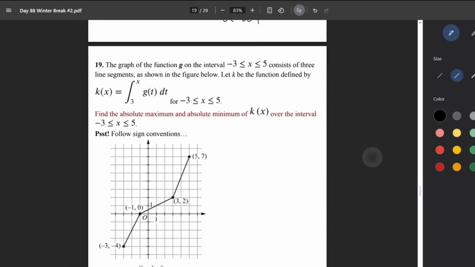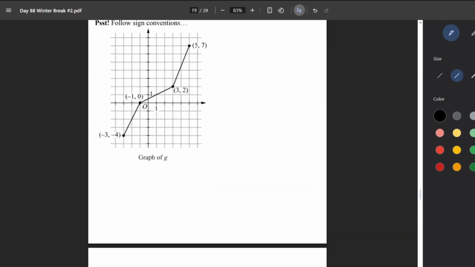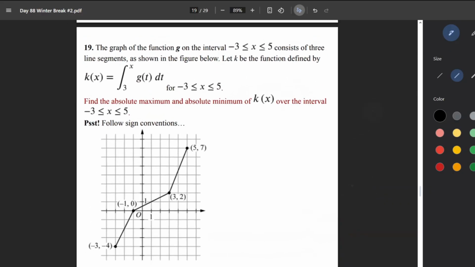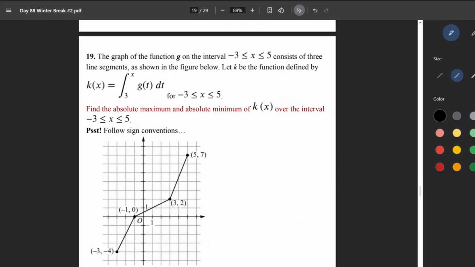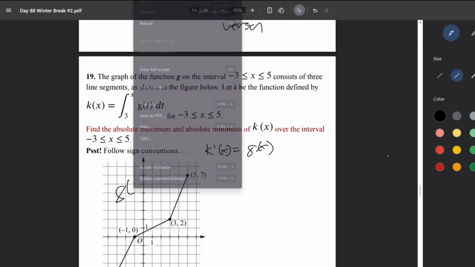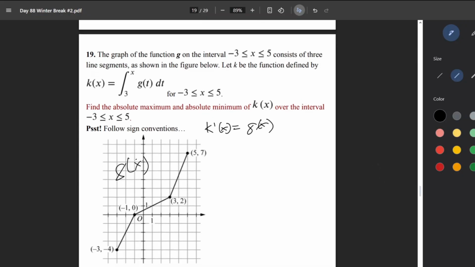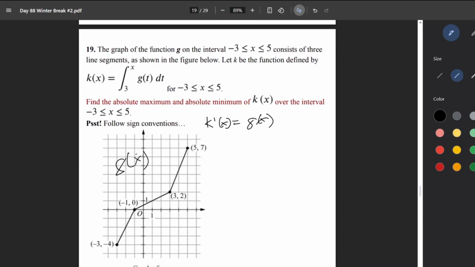Okay, sign conventions again. Is there integrals here? So find the absolute min and max of k of x. So we have to find k dash. We know k dash of x equals g of x. Nice. And this is g of x. So it's basically when the graph changes signs. So there would be no max here since it doesn't ever.